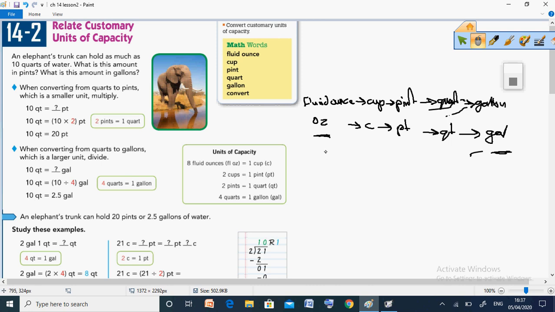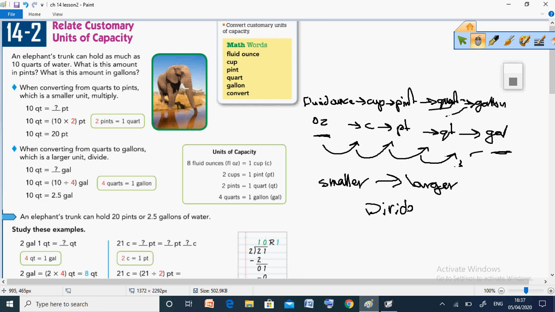If I want to convert from oz to cup, or from cup to pint, or from pint to quart, or from quart to gallon, I have to keep in mind that from smaller to larger we have to divide.